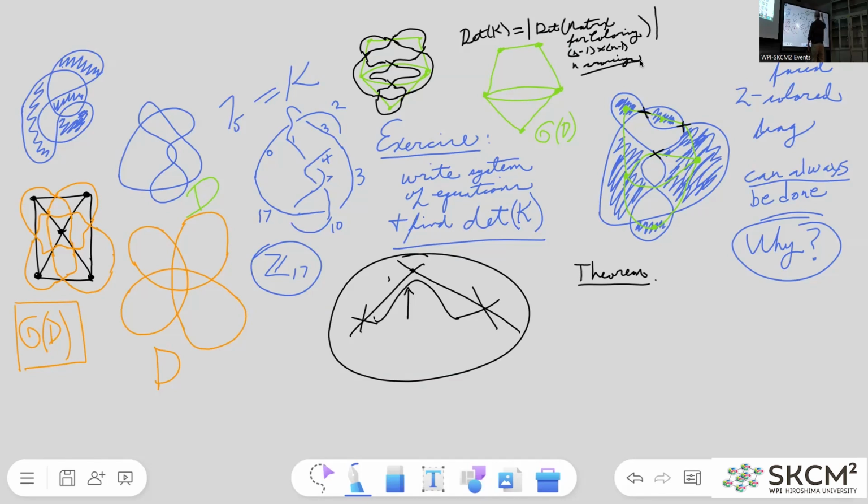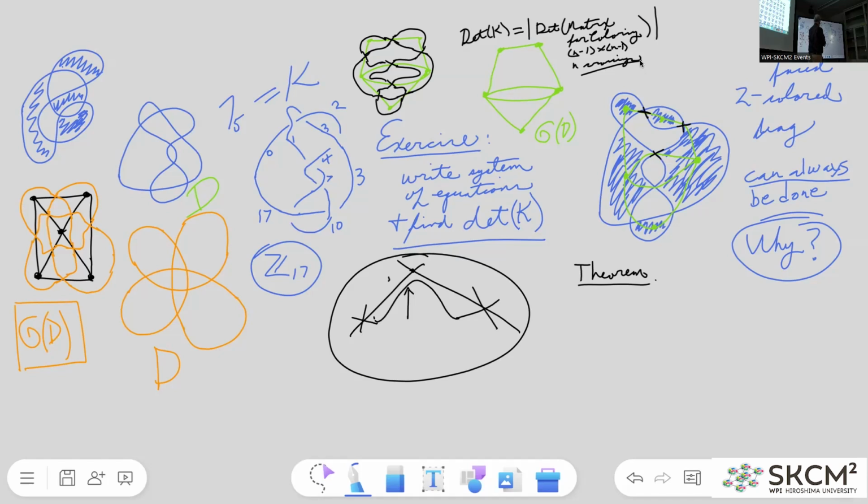You form the matrix for doing the coloring, and you knock out a row and a column, and you take the determinant of that, and that's the determinant of the knot. It should be the largest usable modulus that you can do for the knot, and this may be the determinant. We'll find out in a minute by a little looking up.